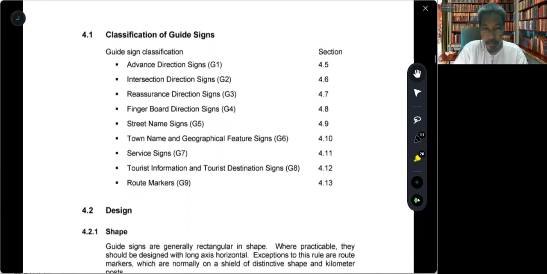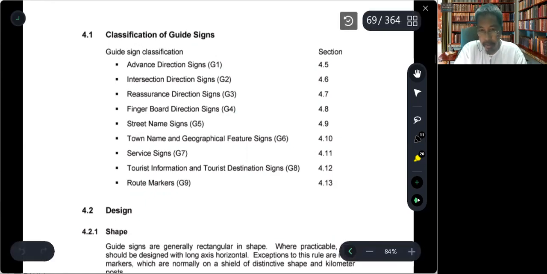So those are very important. And G6, town name and geographical feature signs. G7, service signs. And G8, tourist information and tourist destination signs. G9 are those route markers.